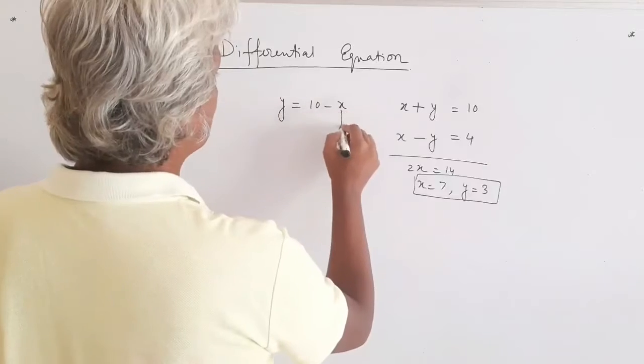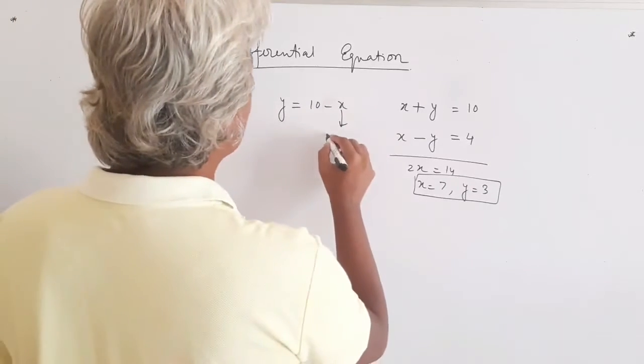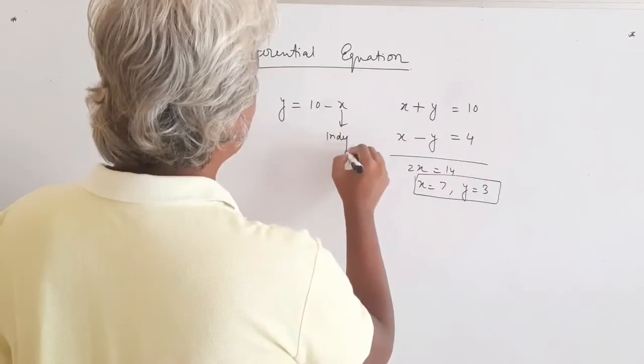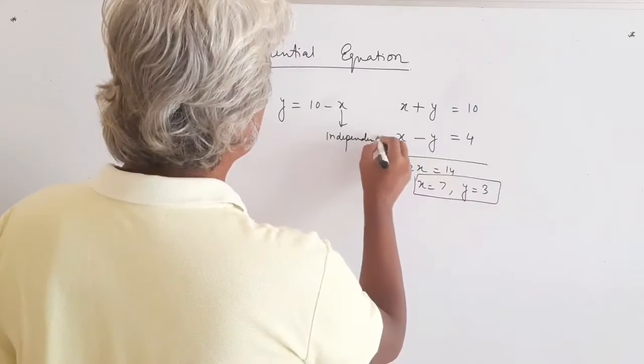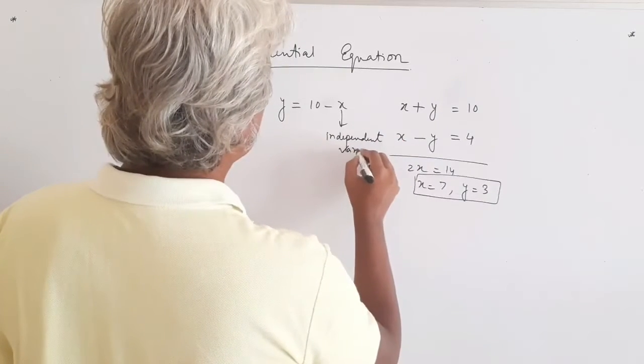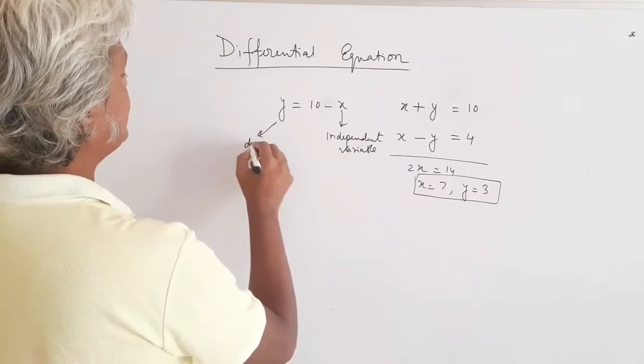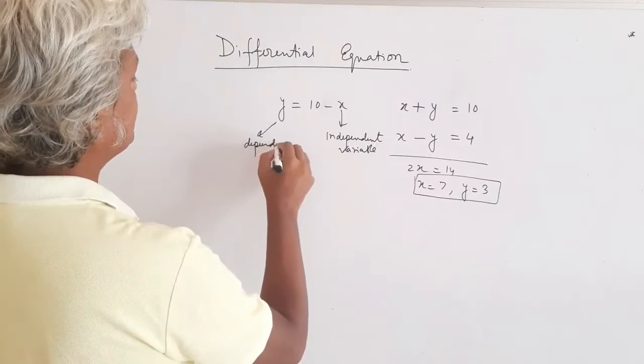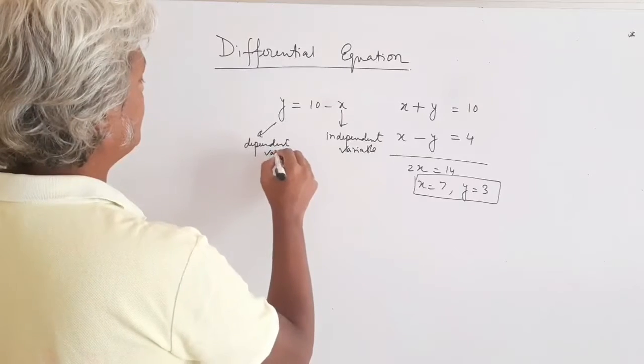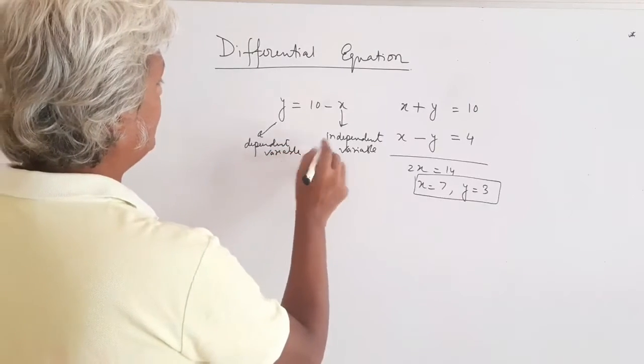We keep assuming values of x, so we call it the independent variable.